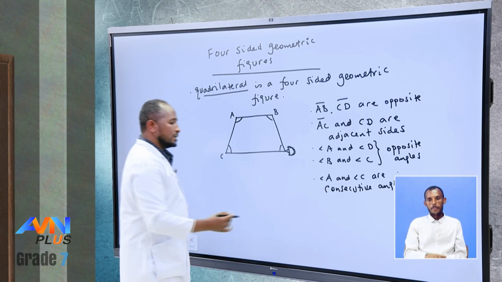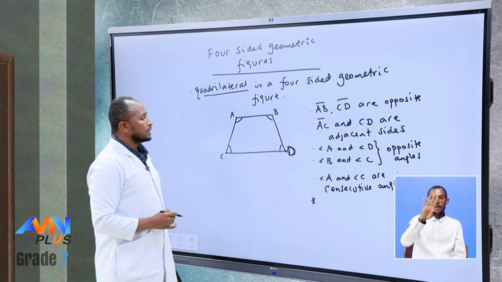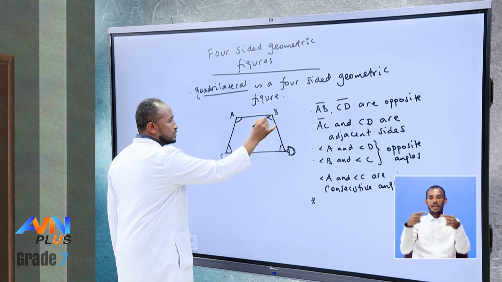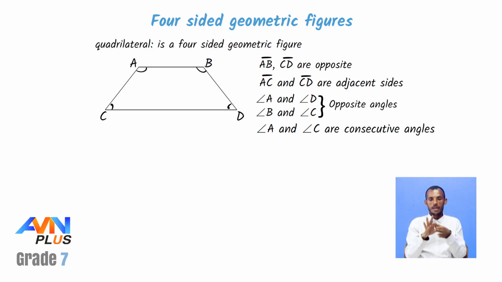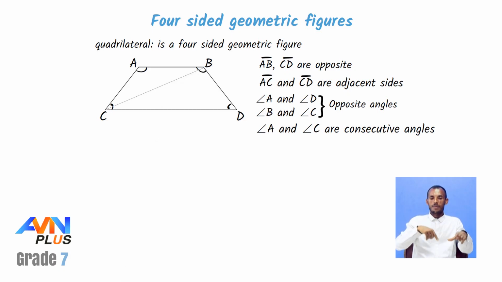Now, another concept in this quadrilateral is a line segment joining the opposite vertices. These two are opposite vertices. This line segment we call the diagonal of this quadrilateral.